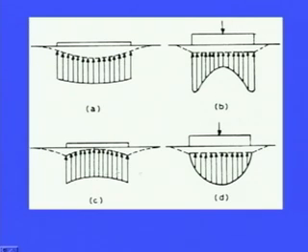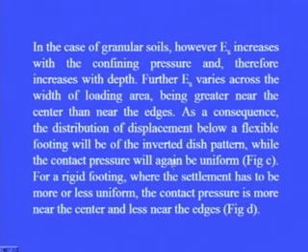Now, this is for the sand, for the flexible and rigid footing. In case of granular soil, however, ES increases with the confining pressure and therefore increases with depth. Further, ES varies across the width of the loading area, being greater near the center than near the edges.